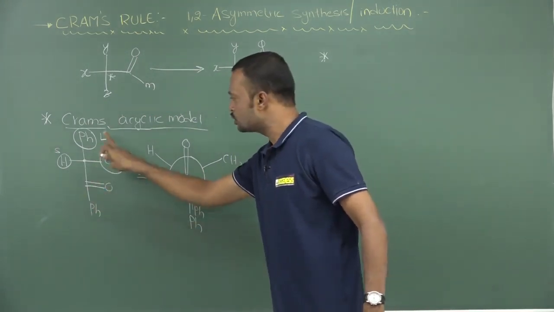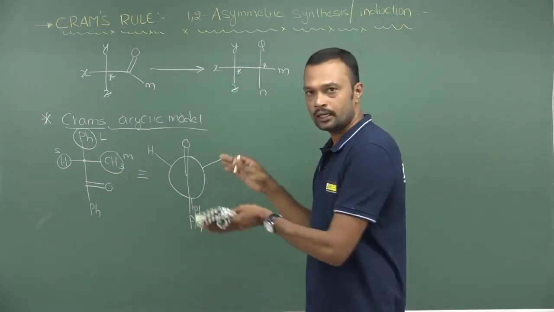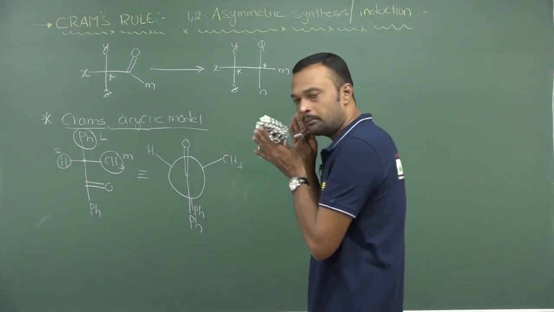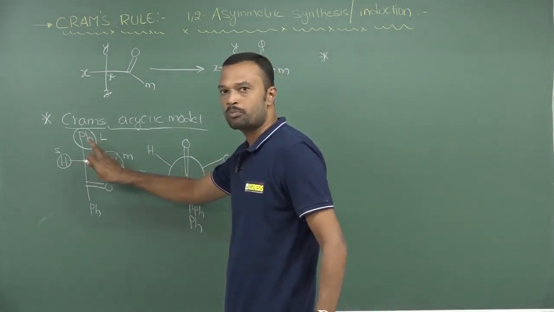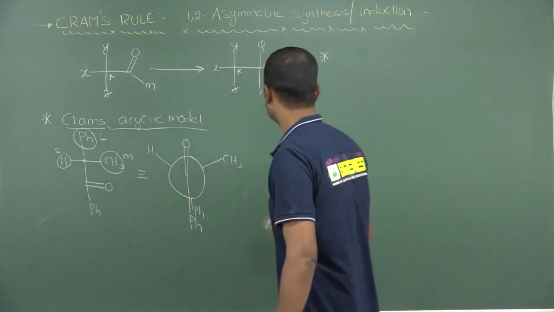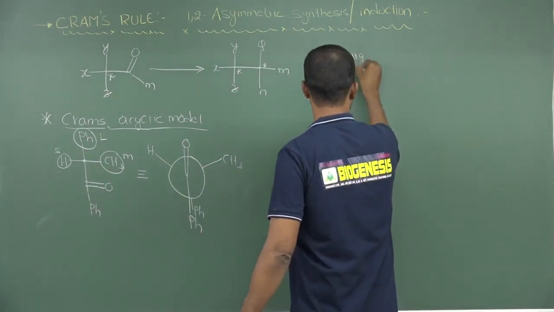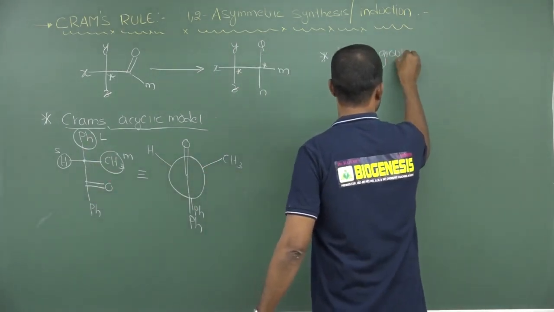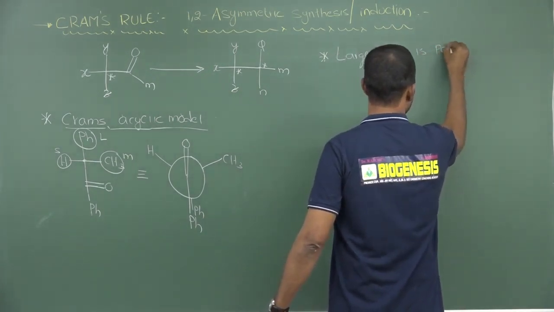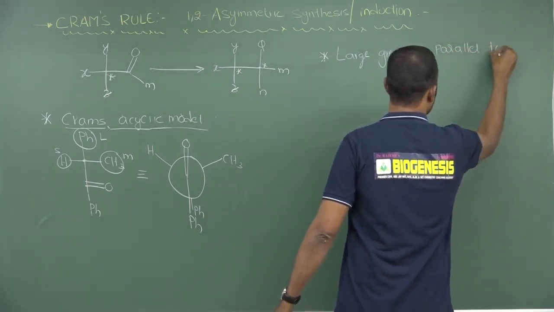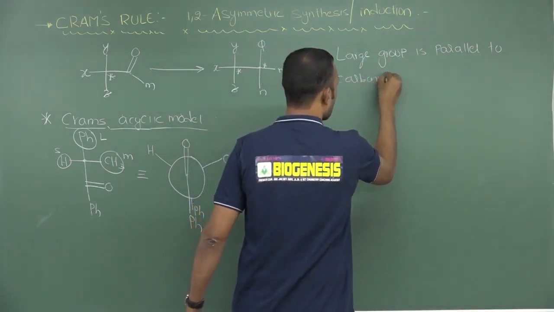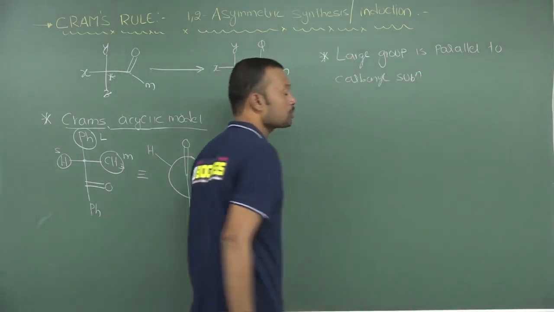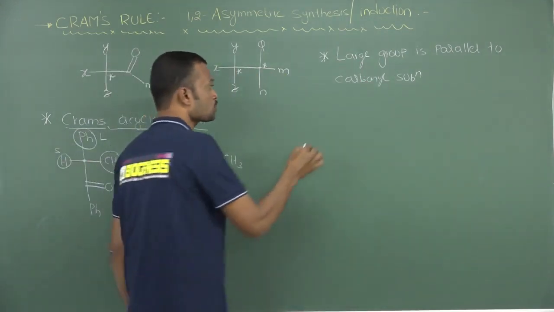After writing a suitable Fischer model, how do we write it in a Cram's model? The major aspect is to select the large group present adjacent to the carbonyl. Remember, the large group is always parallel to the carbonyl substitution.